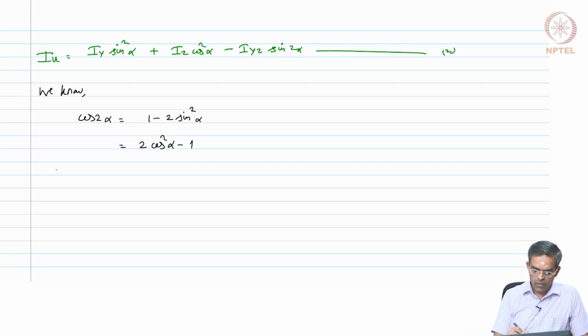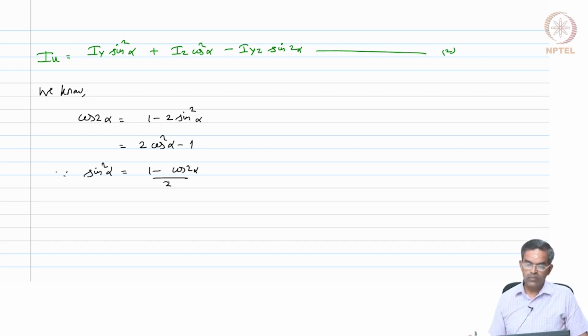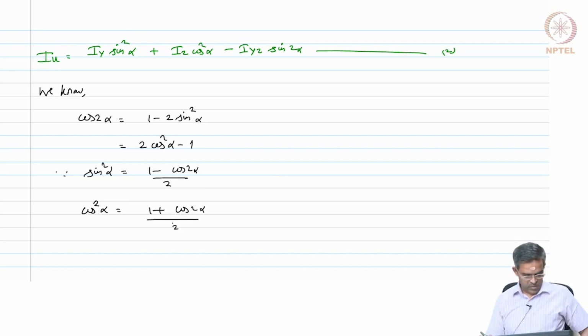So, therefore, sin square alpha is 1 minus cos 2 alpha by 2 and cos square alpha is 1 plus cos 2 alpha by 2. So, I am going to replace these two values with these new expressions.